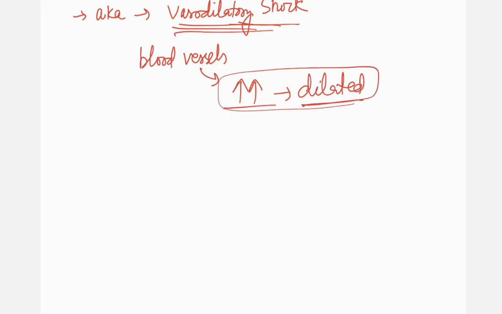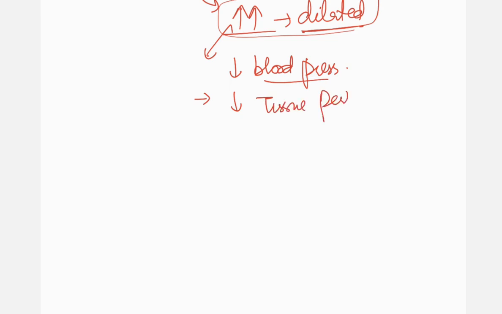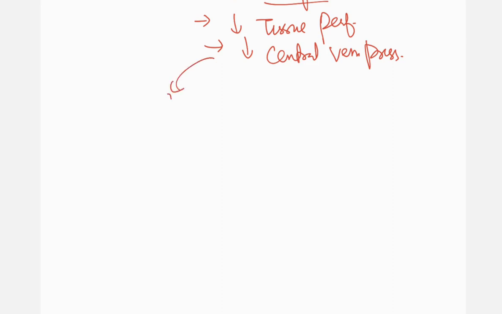The blood vessels are excessively dilated in this type of shock. When there is excessive dilation of the blood vessels, what happens? It can lower our blood pressure. It can decrease tissue perfusion. It can cause decreased central venous pressure. It can cause stagnation.